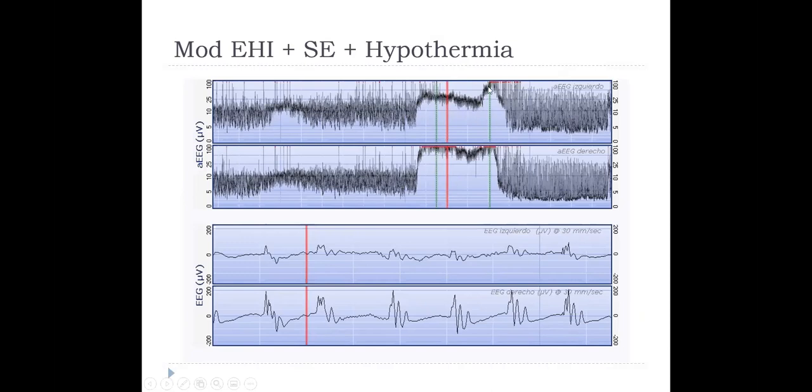When we use midazolam here, you can see the change of the background. It is very typical, the change, and you can see one continuous to discontinuous pattern. And after the midazolam, you can see this burst suppression pattern, and you can see the graphoelements in the raw aEEG.